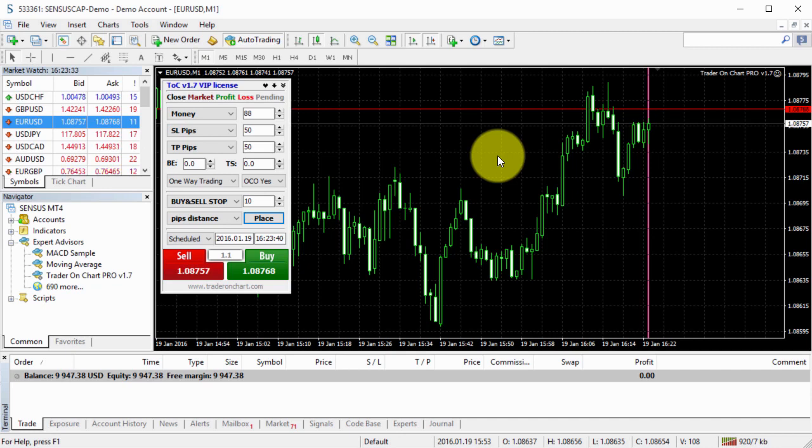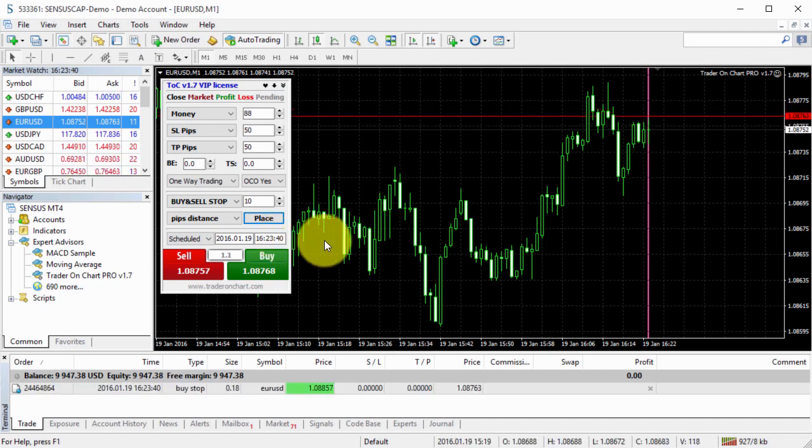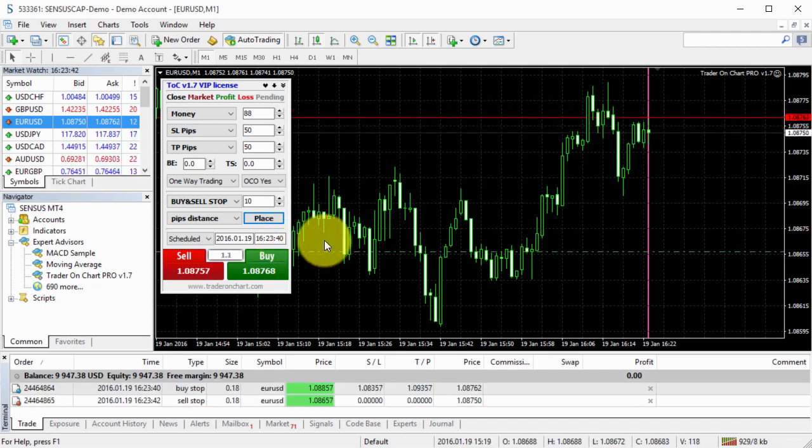And now at this exact time, 40 seconds, in a couple of seconds, it will place 2 pending orders from the current price that happened to be at that very exact moment. So you could place this hours or days in the future. And it doesn't matter what the price is at the moment.